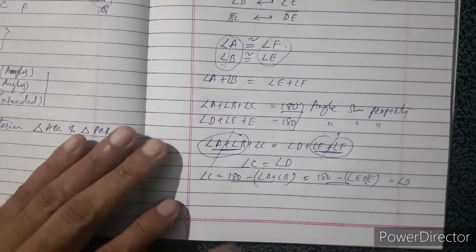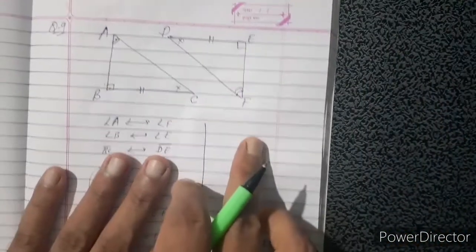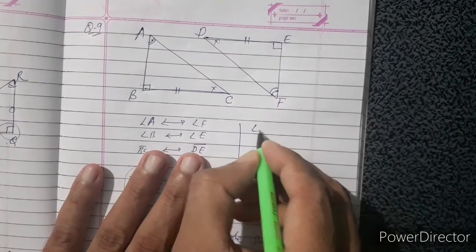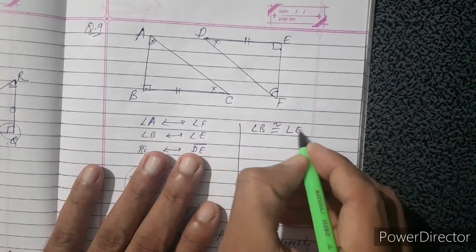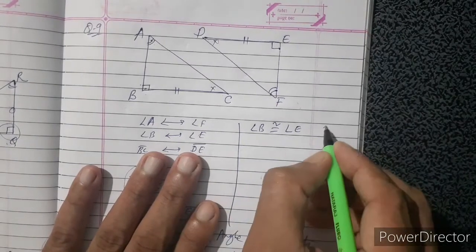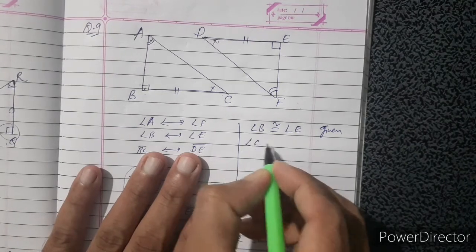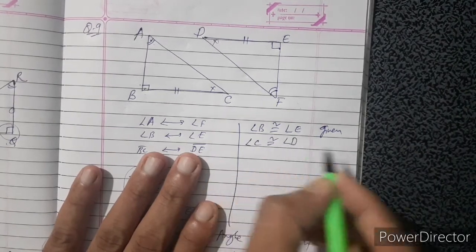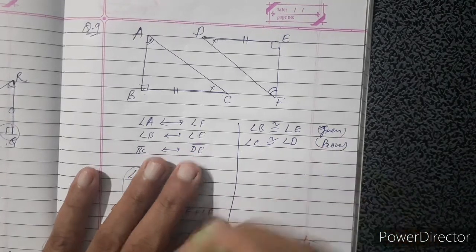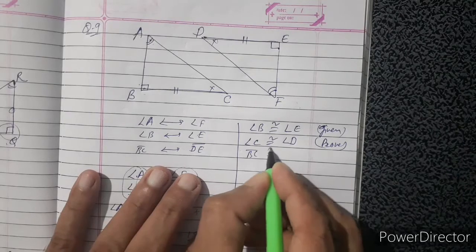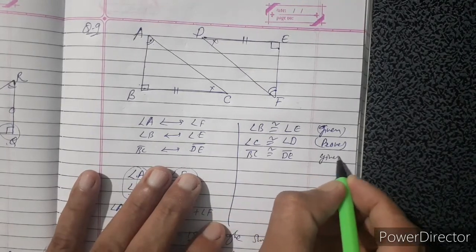Now the criterion. Here we write down the criterion. Now C is equal. So angle B is congruent with angle E, which is given. Angle C is congruent with angle D, which we proved. And BC is congruent with DE, which is also given.